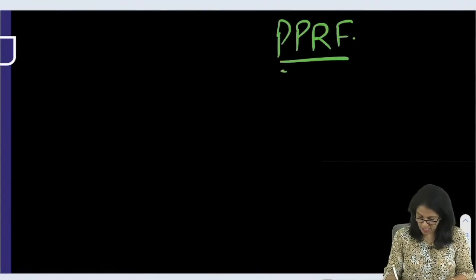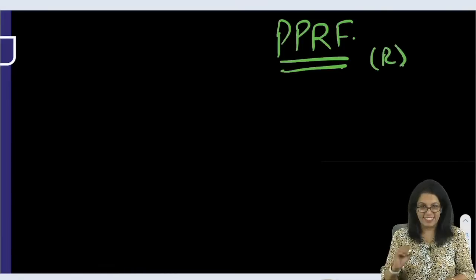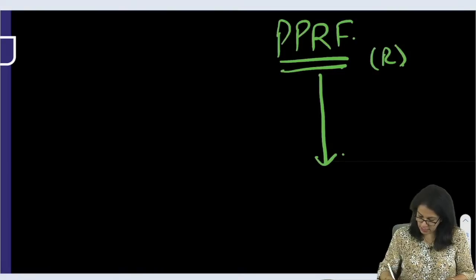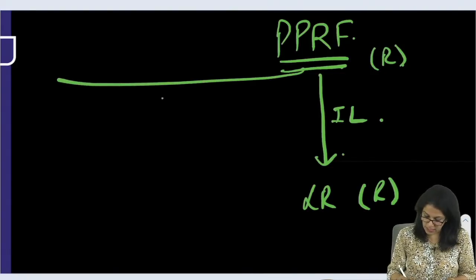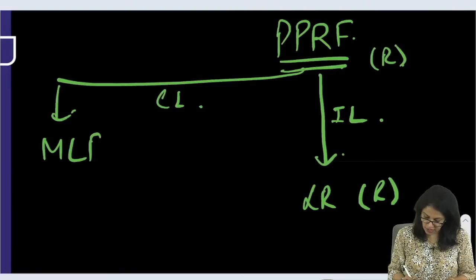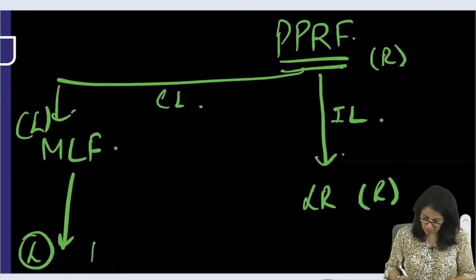If this is the PPRF or horizontal gaze center of the right eye, what happens? It is going to manage the same side lateral rectus. So, ipsilateral innervation. And what else? For the opposite side, it will order the medial longitudinal fasciculus of the left side, and this orders the left medial rectus. So, this is also ipsilateral.